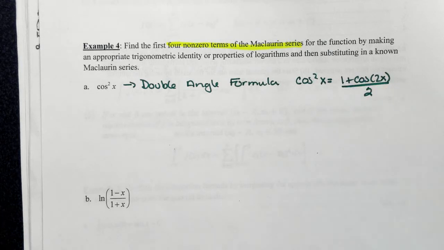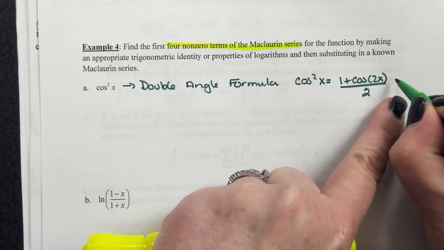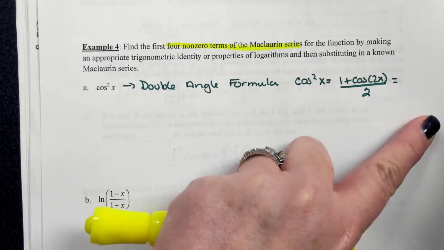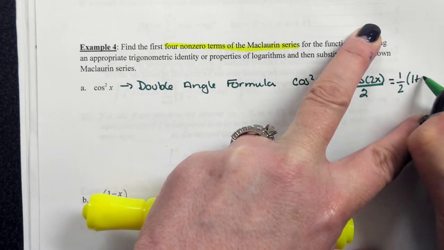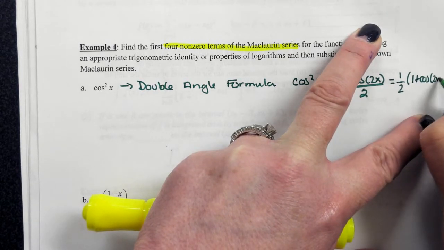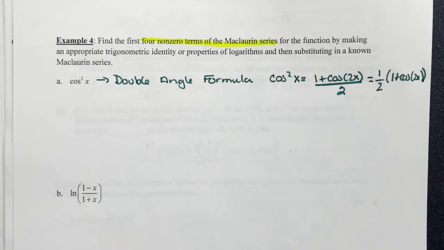So remember, sine squared of x is 1 minus cosine of 2x all over 2. Another way I could write this formula is 1/2 times 1 plus cosine of 2x. So that's another way I could express the double angle formula for cosine.